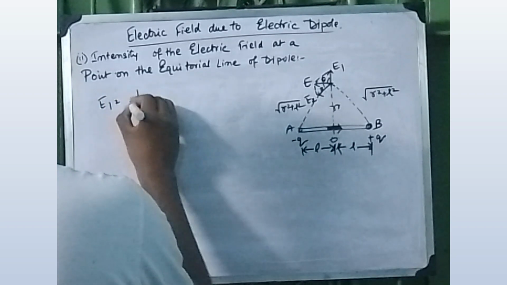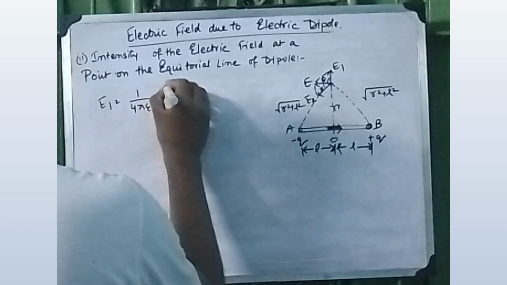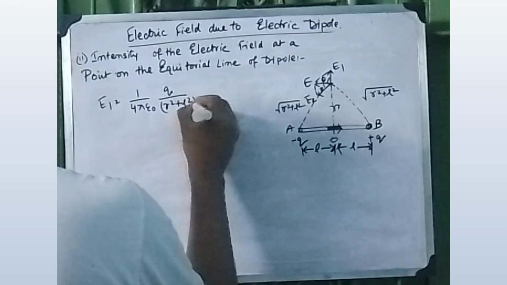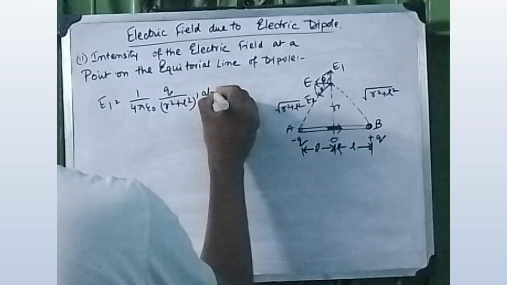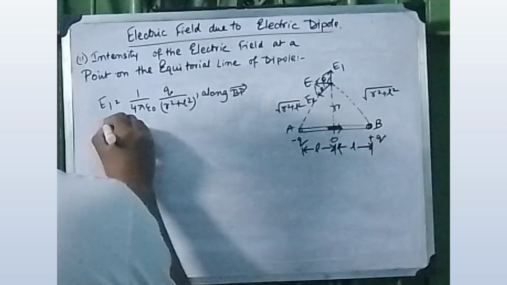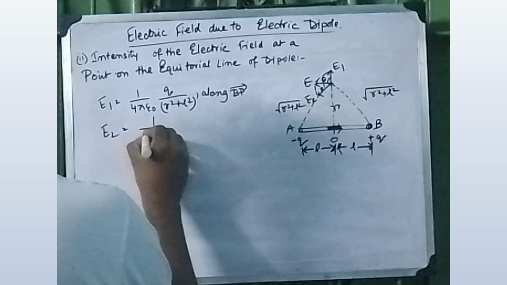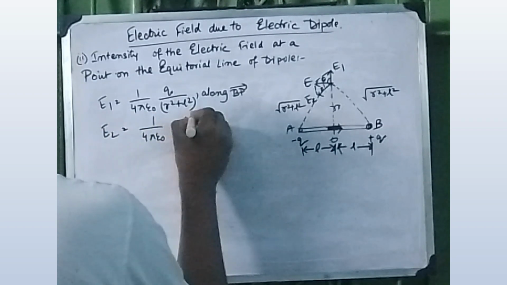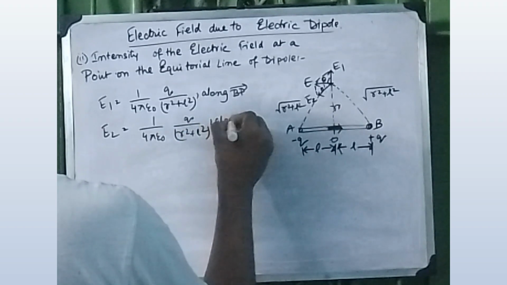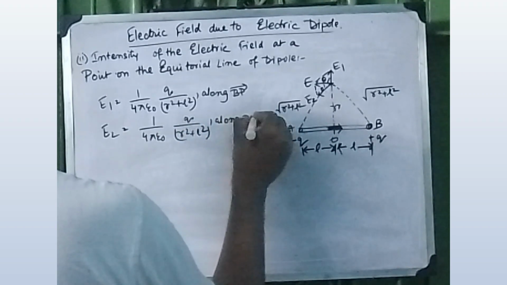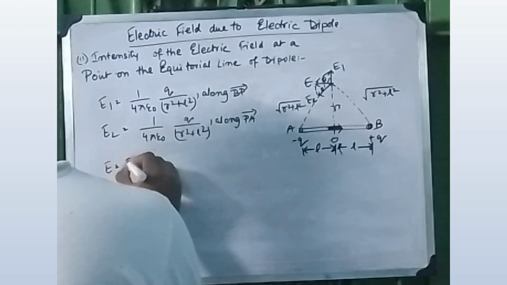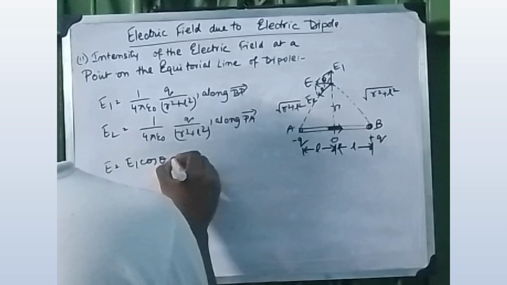So we can write the following equation of intensity as E1 equals 1 by 4 pi epsilon naught q by (r square plus l square) along BP. The point at the top is known as P, and E2 equals 1 by 4 pi epsilon naught q divided by (r square plus l square) along PA.